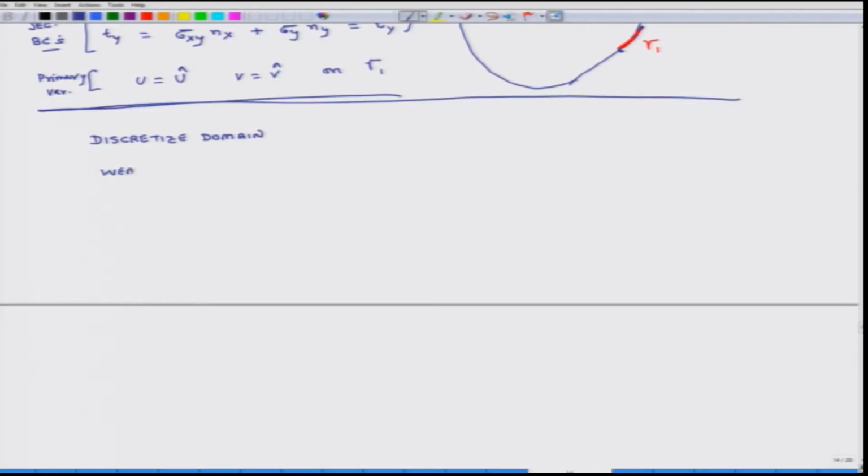We develop a weighted residual statement and then from that a weak form of the statement. Once we have the weak form, for each element we introduce approximation functions.